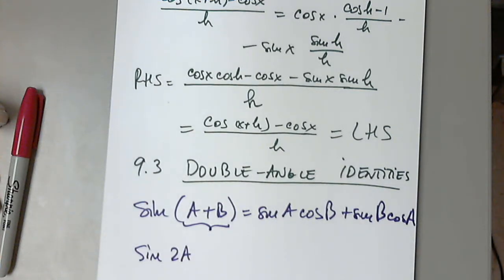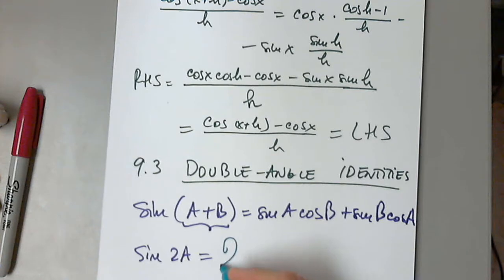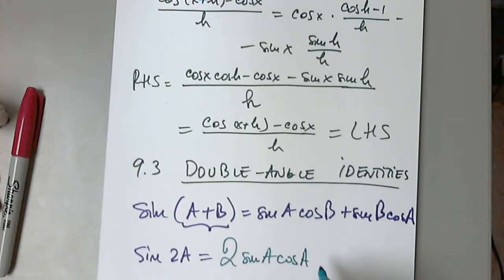That's the double angle identity, sine of twice an angle. So what if A and B are the same? What will the right-hand side be? Good. Sine A, cosine A plus sine A, cosine A. So they're identical. So then it's 2 sine A cosine A.